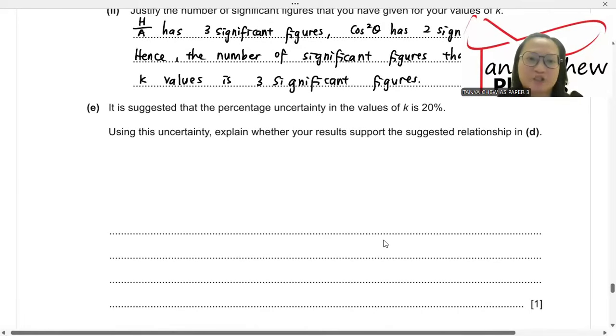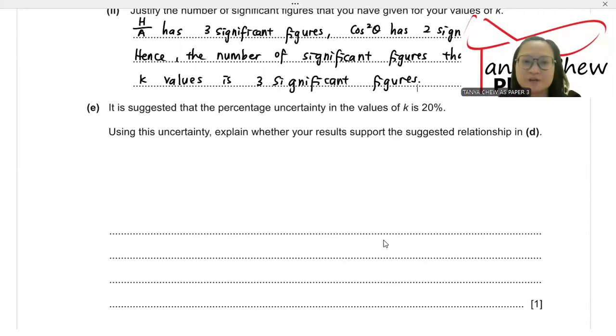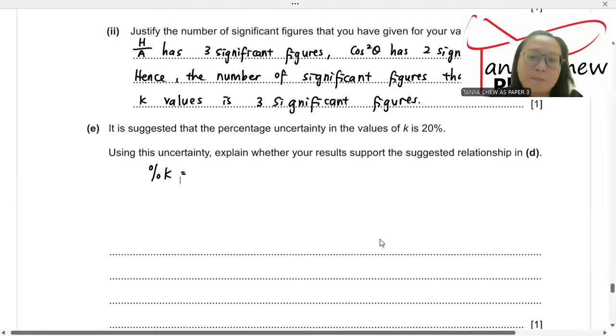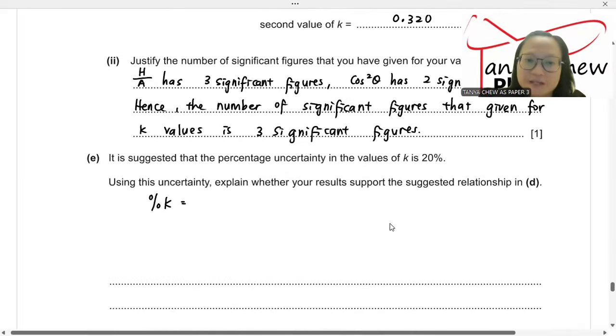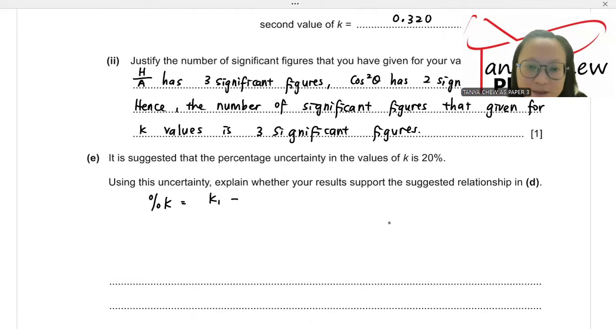Now, E, it is suggested that the percentage uncertainty in the values of K is 20%. Using this uncertainty, explain whether your results support the suggested relationship in D. So, percentage uncertainty of K. How do you calculate? You take the larger K value minus the smaller K value. So, in this case, it is K1 minus K2 divided by the smaller K value times 100%.